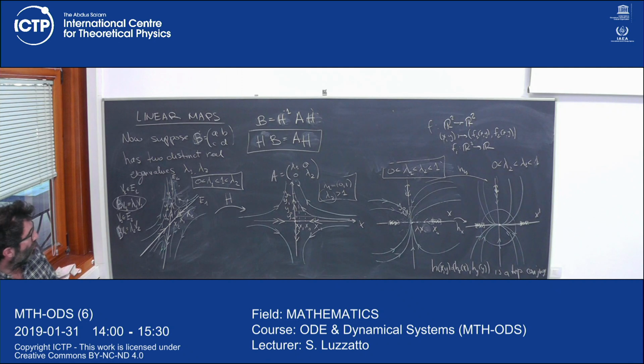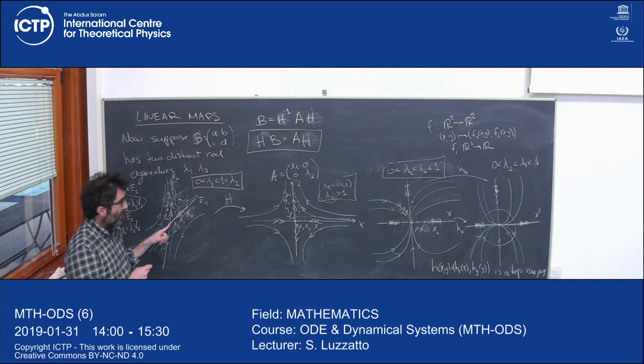Okay, good. So what are we going to conclude from this? Is this map now topologically conjugate?